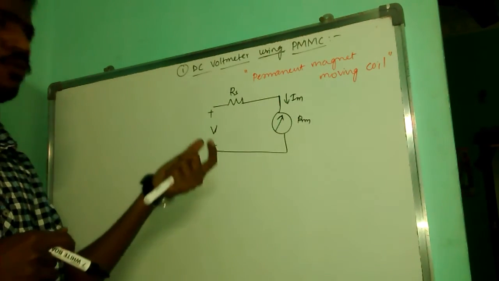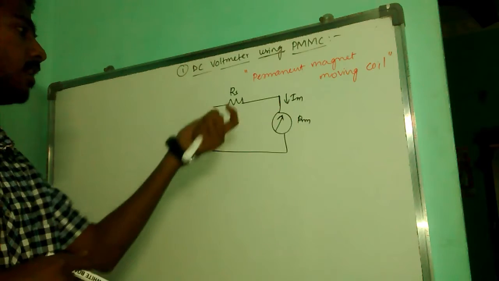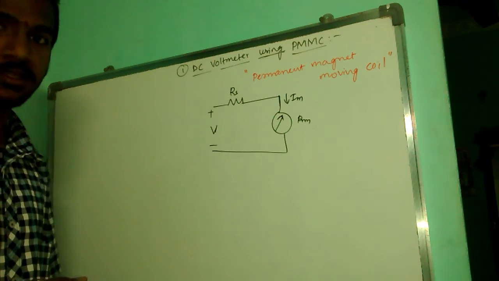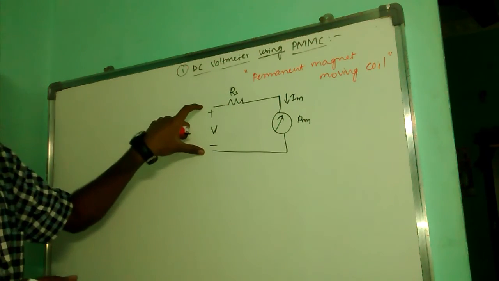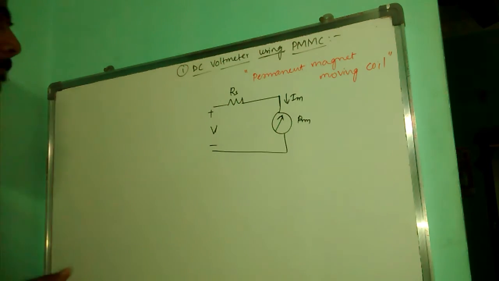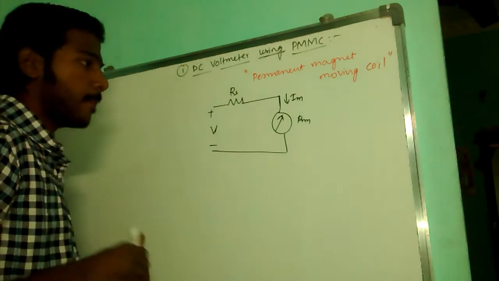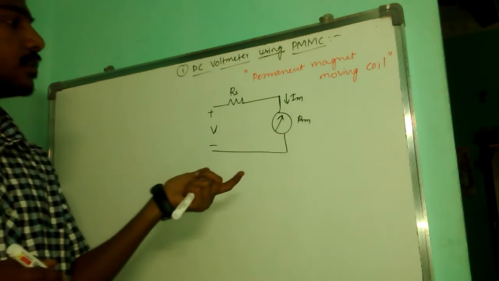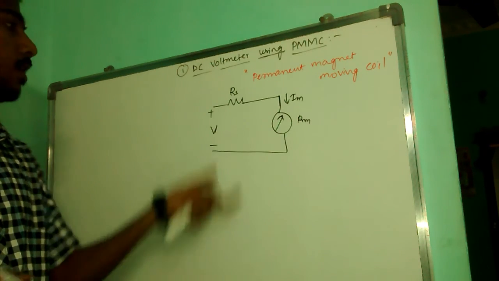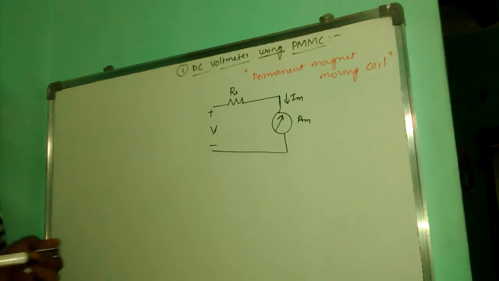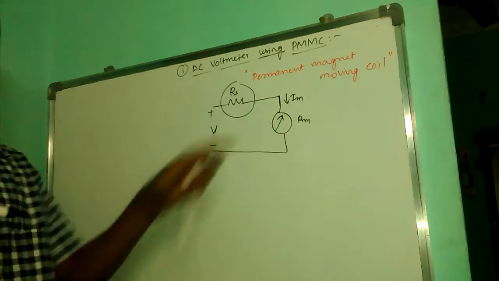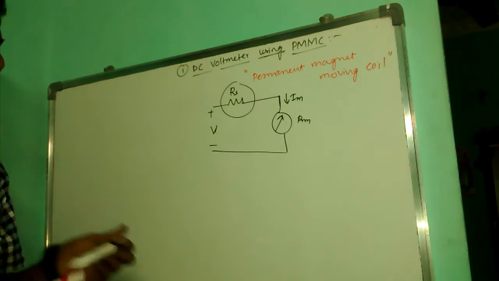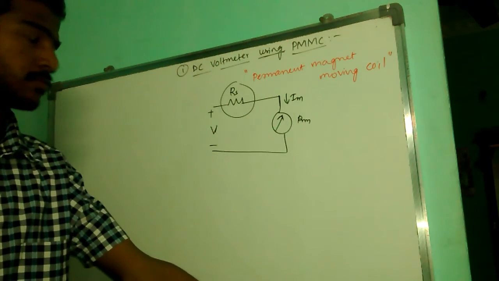Because to limit large currents, I need to add a resistance in series, so that some voltage drop will be there and I get a smaller voltage across the meter. Rs is called the multiplier resistance. Rm is the internal resistance of the PMMC.